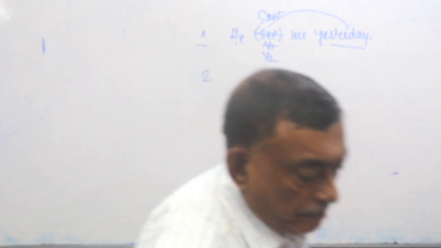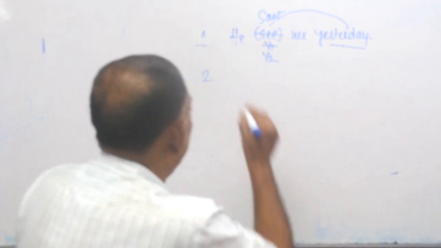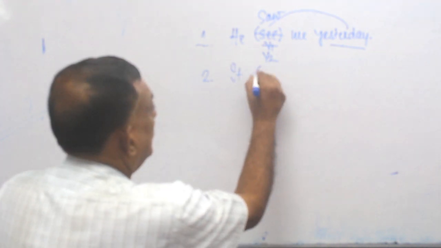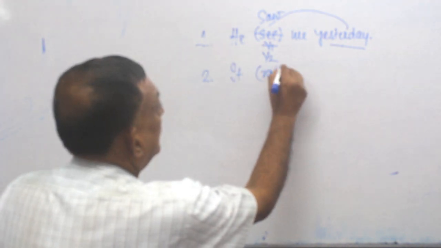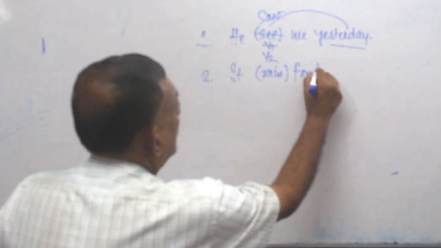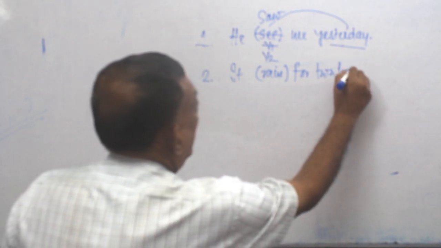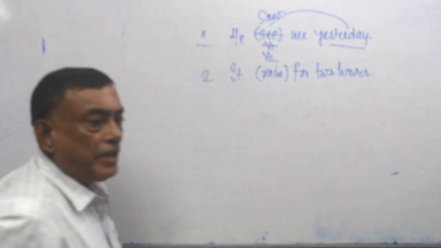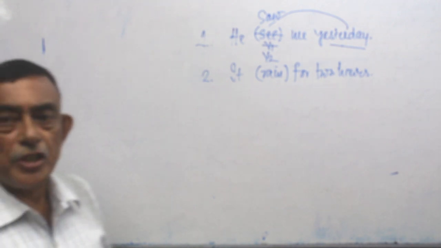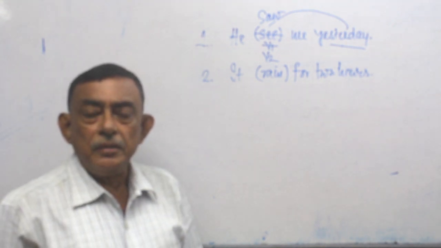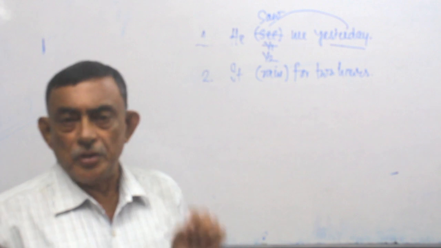The question is: it rain for 2 hours. That's a very simple one. Now we just explain, you have to take the options only.